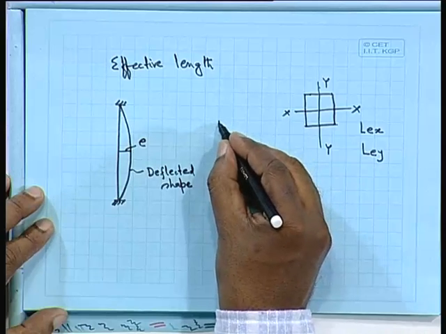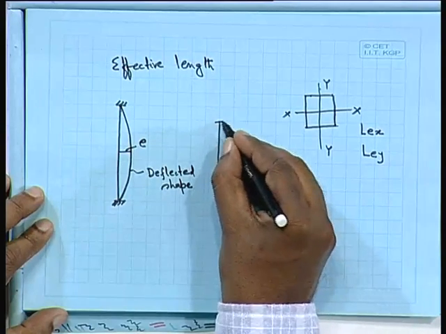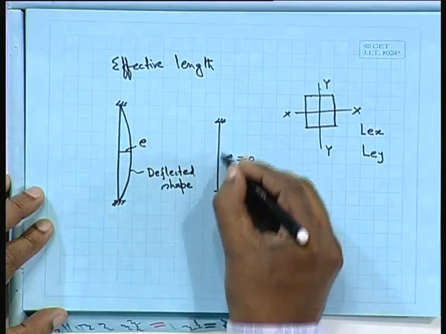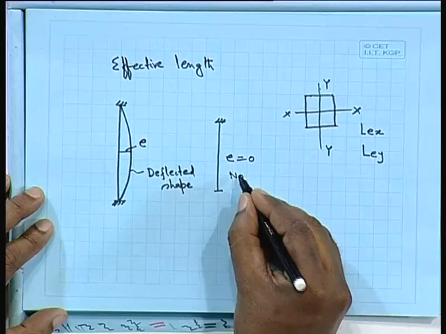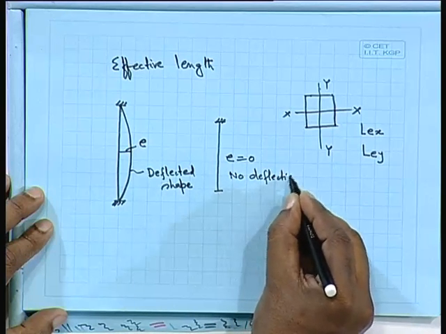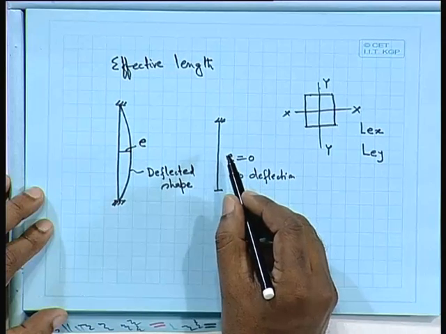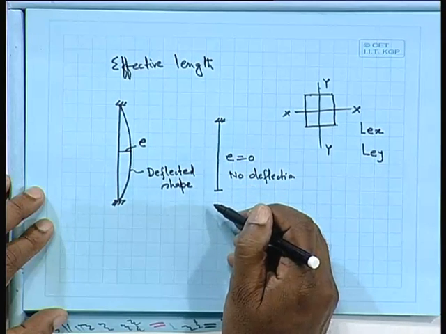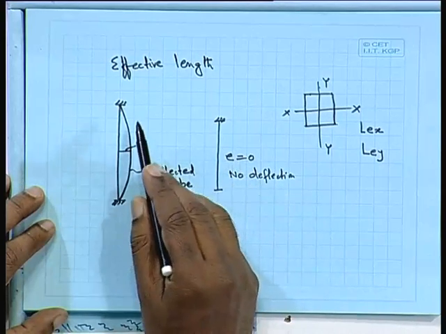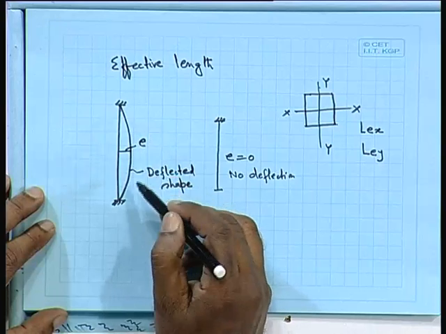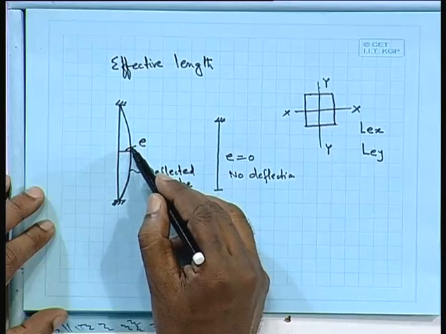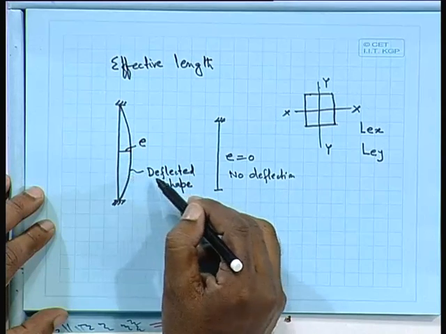Whereas in the short columns that we have designed so far, we are assuming there is no deflection due to the load, that means no buckling. So, whatever moments or axial forces develop on that column are due to the applied load only. But here, in addition to the load analysis, you have to take care of a certain load or moment due to this deflected shape.